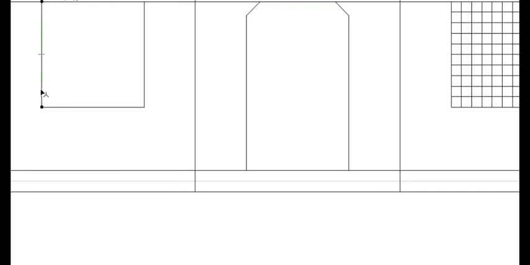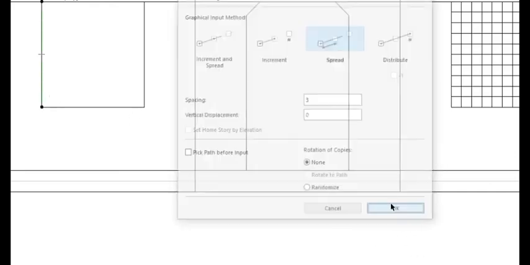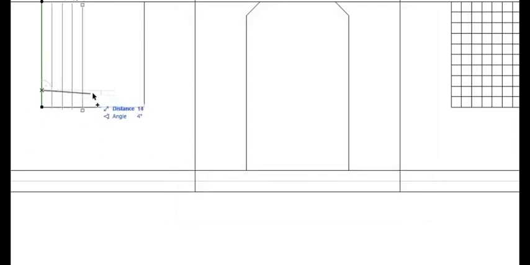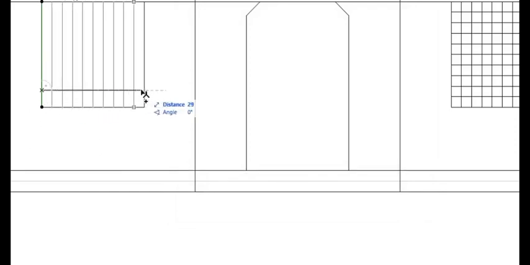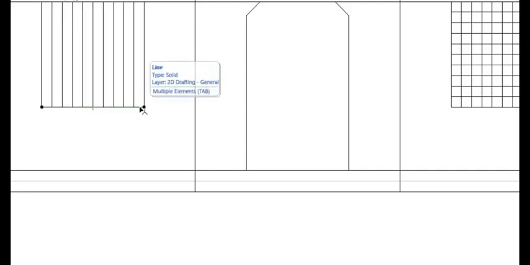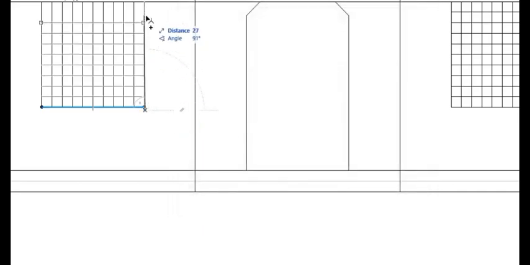So we are going to do the same for this other one. Just draw lines at 3 millimeter intervals or 4. That's according to your own taste, preference, sorry.